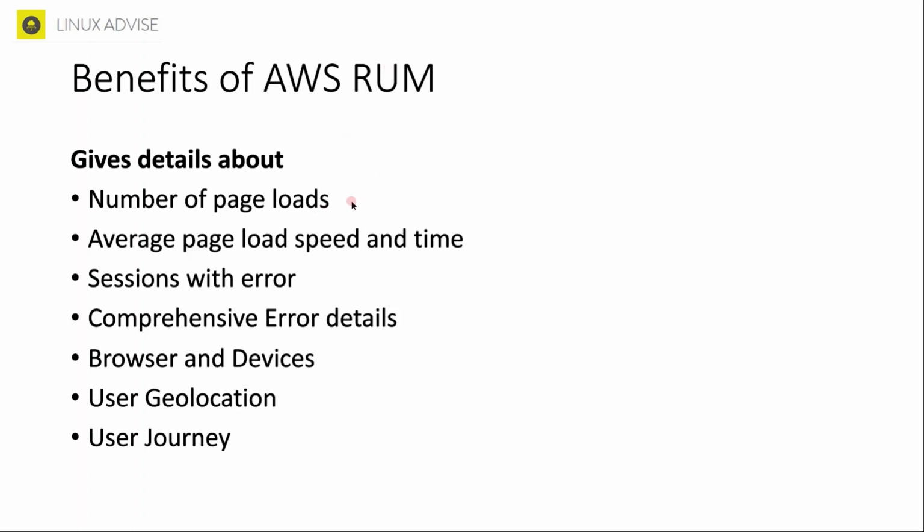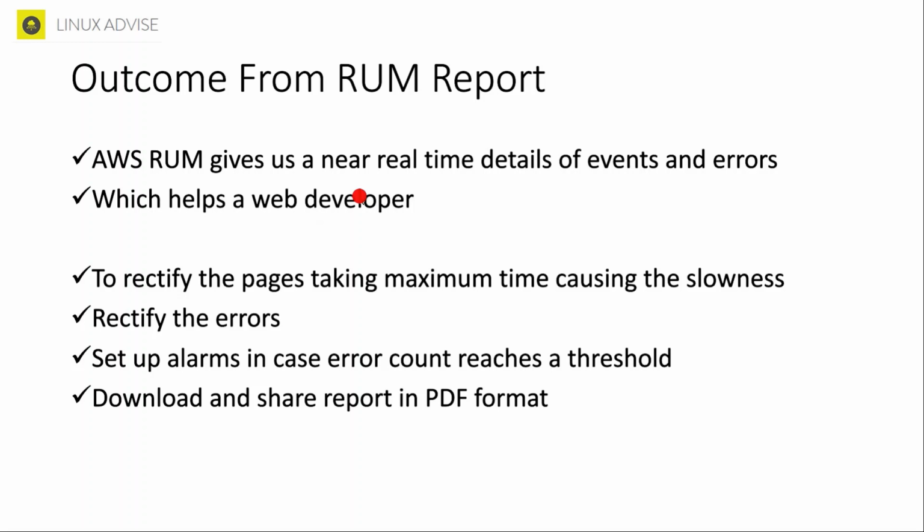So let's go further here. What is the outcome from a RUM report? RUM is again real user monitoring. It gives a complete comprehensive report about the number of stats that we discussed earlier. It helps in rectifying the error, taking care of them, and decreasing the slowness.